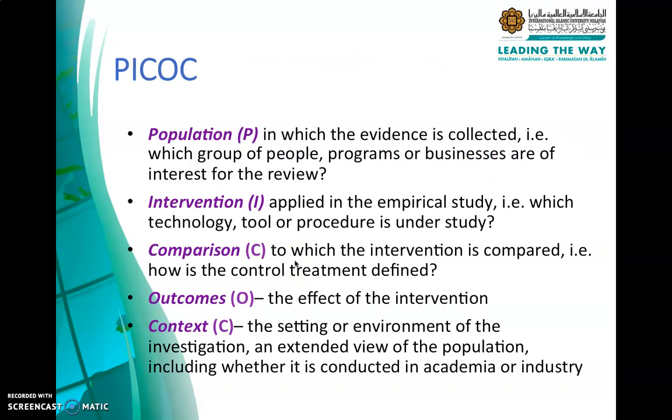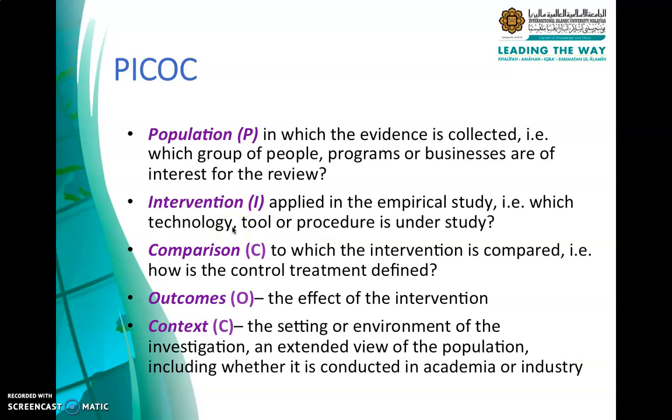So what does PICOC mean? P refers to population. This is referring to a group of people, a group of programs, or a certain area of interest. I refers to intervention. Here, intervention refers to a certain technology, tool or procedure. In our example just now, the intervention is testing techniques.